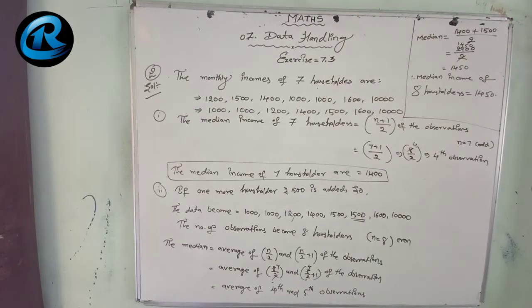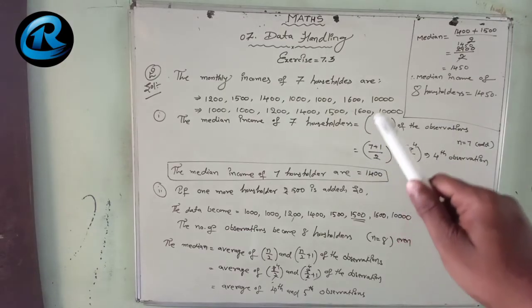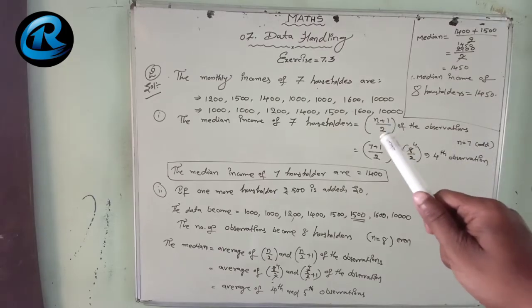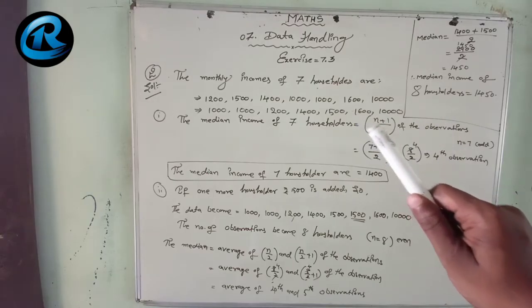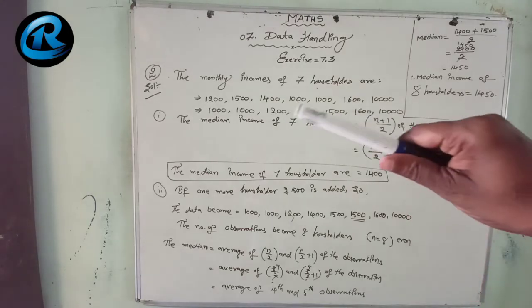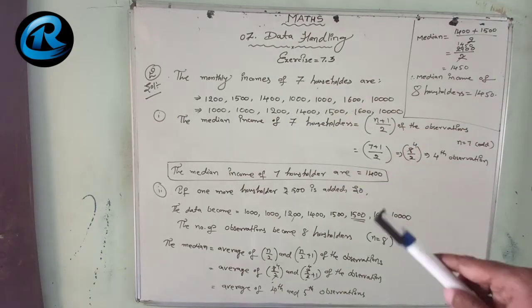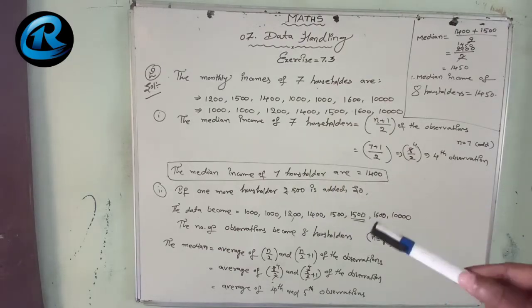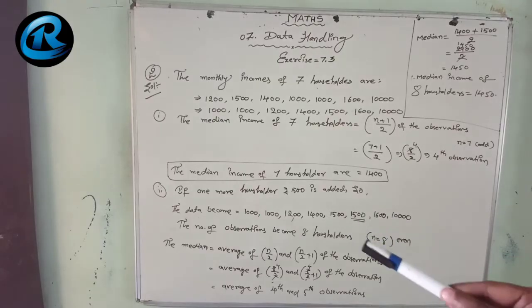See, before when there were only 7 householders, the median income is 1400, because 7 is an odd number, so n plus 1 by 2 of the observation is the formula to find the median. So we get the fourth observation from the arranged data, that is 1400. But when one more householder of 1500 rupees is added to this data, the number of observations becomes 8, an even number.